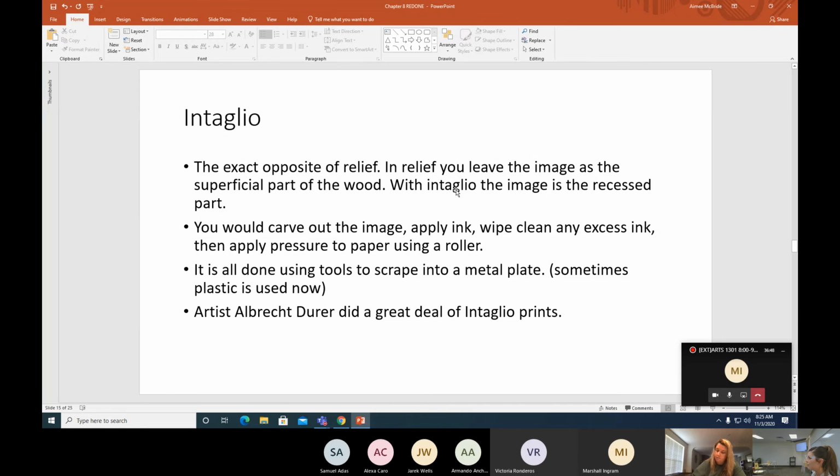So you would carve or etch, is what this is actually called doing. You're etching your image into this metal plate. Then you're going to apply ink to the metal plate, wipe the ink off of the areas that you don't want it on, and then very heavily press paper, usually with a weight of some sort, onto that plate.